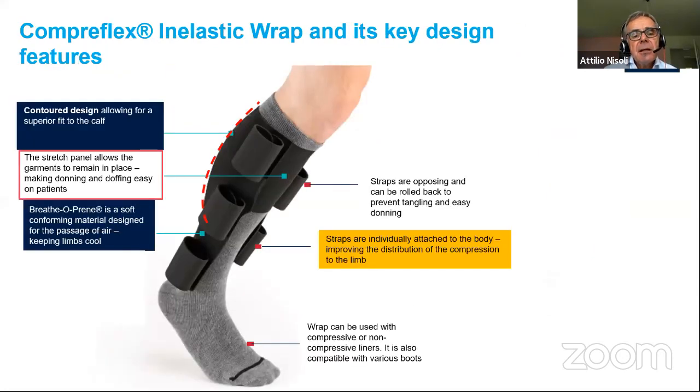The inelastic wraps, how they look like, they follow the contours of the limbs quite well. They're easy to don because there's a stretch panel in front that goes on top of the tibia. So once they slide in and the device stays in place, and then they can easily unroll these wraps, the elastic straps, and close them with the Velcro hooks and loops.